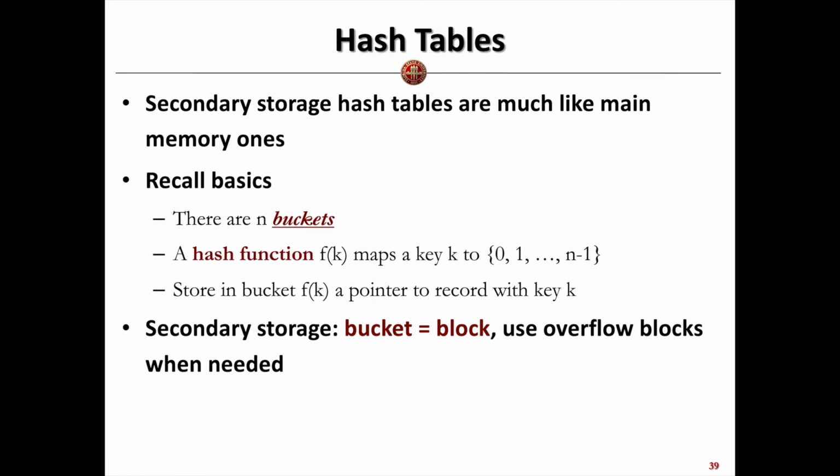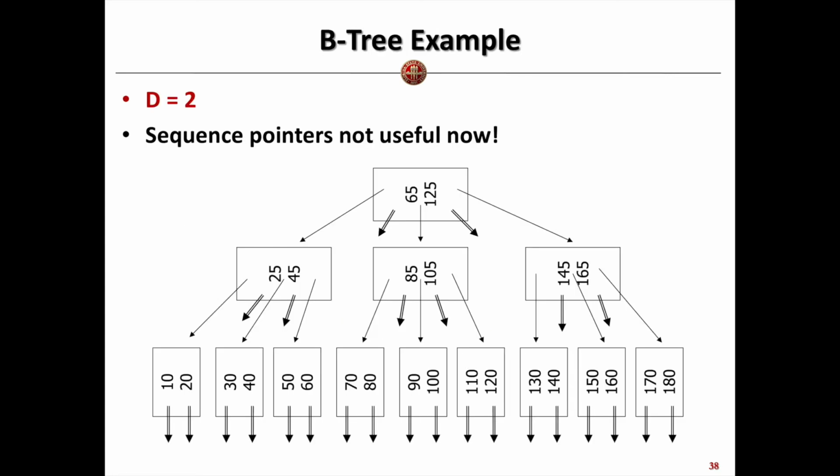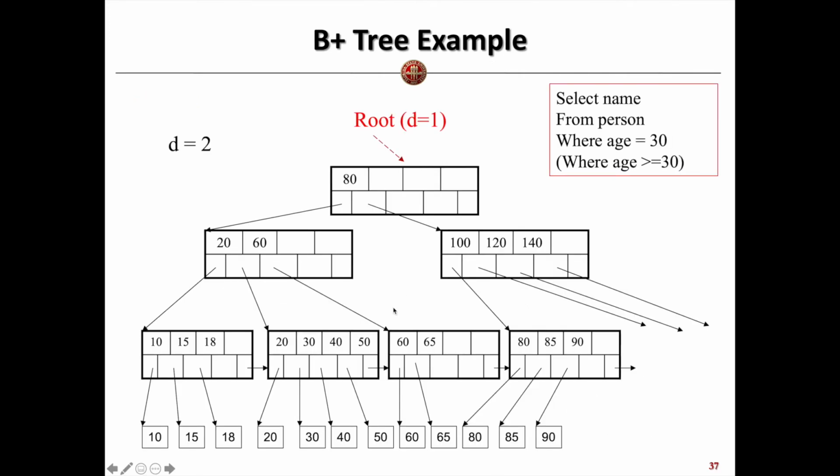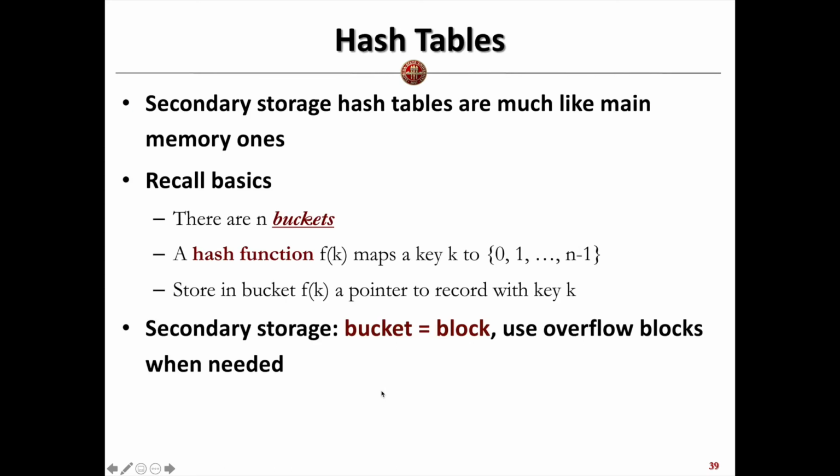In other words, for hash tables, we don't need to do the traversal for the search. We don't need to traverse from the root through the different nodes, and we can use this hash function to project the keys to the bucket ID directly. And inside each bucket, we have a pointer pointing to concrete data tuples with a key k.